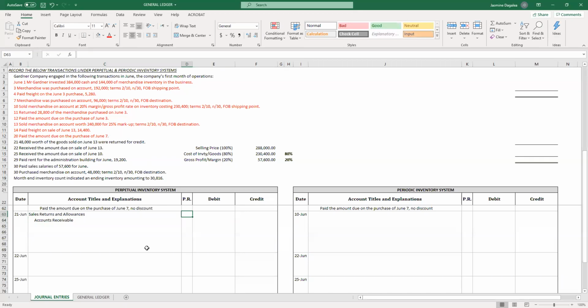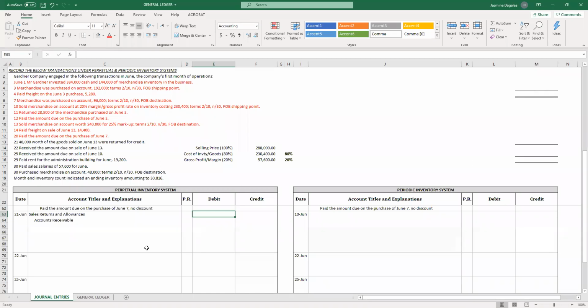Remember, hindi yung cost ng inventory, when you talk about sales, gamitin nyo yung selling price, hindi cost ng inventory. So, magkano yung sales returns, including the profit?